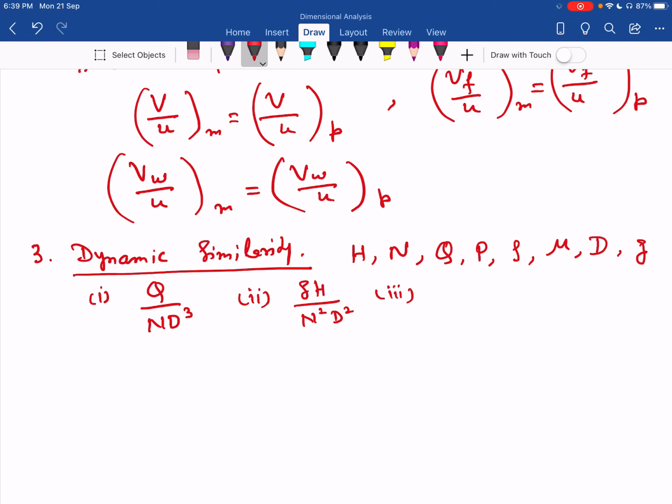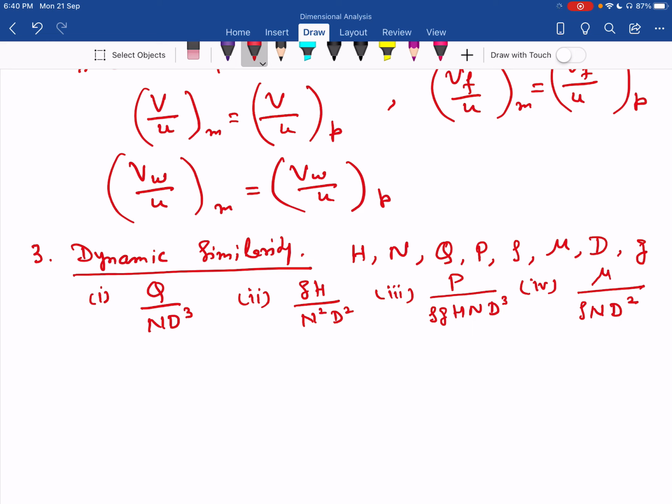The third term is P upon rho g H N D cube. And the fourth term is mu upon rho N D square. So these are the four terms we have.